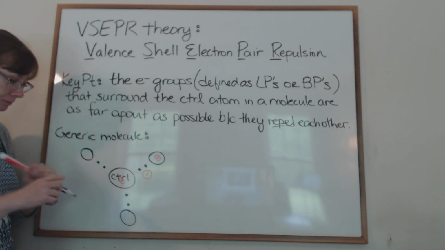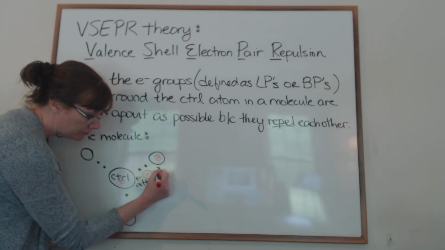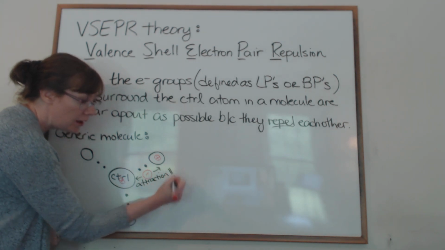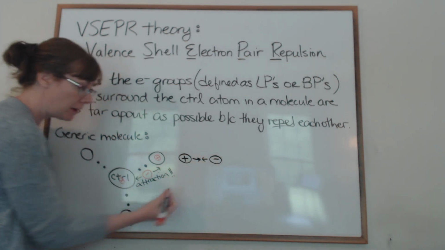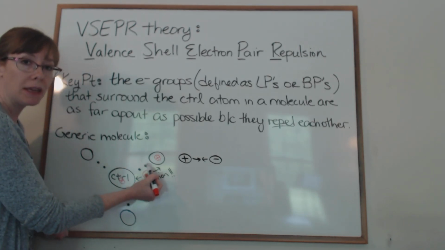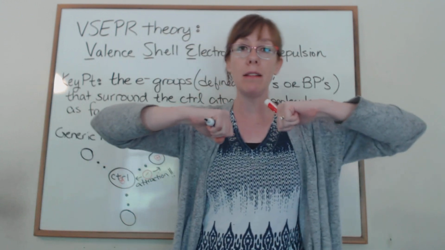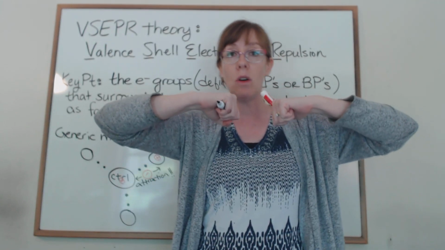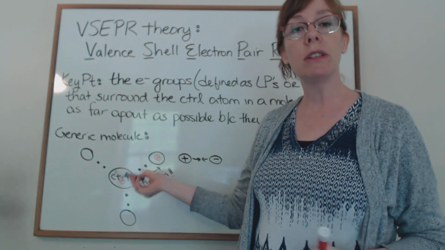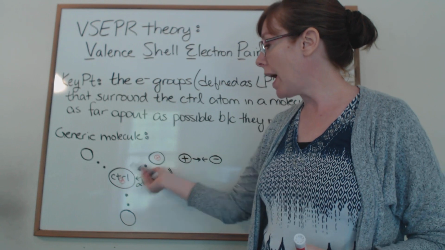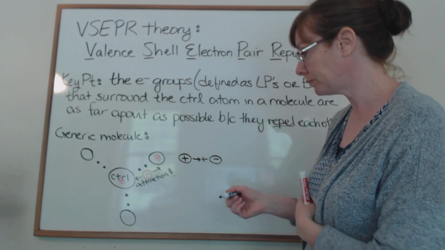So here you have a major attraction happening, because positive things are attracted to negative things and vice versa. So these negative electrons in the middle are being attracted to him and him. And if you're being attracted to both by the right and by the left, you essentially will stay in the middle. Okay, so that's the whole point here. You're attracted to both nuclei. So if you wanted to write something in your notes, you could say bonding electrons are attracted to both nuclei of the two atoms that are bound.